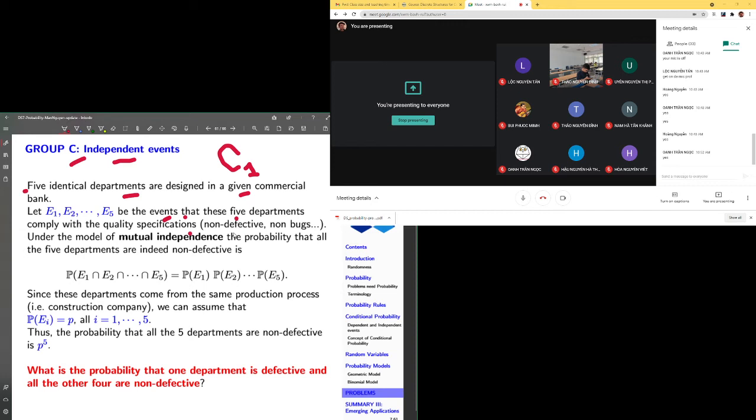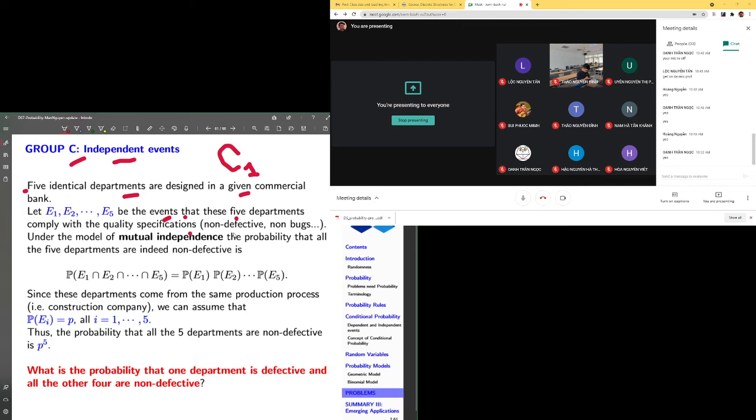That means any happening of Ei does not impact Ej, where i and j, if you use the index, are different departments in the bank, and the values of i and j can go from number 1 up to number 5, you see.